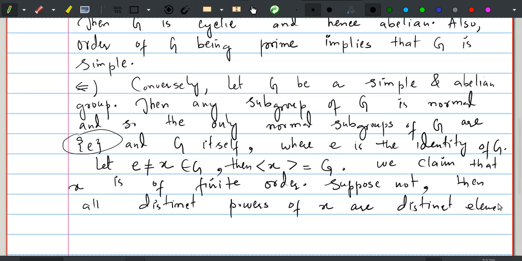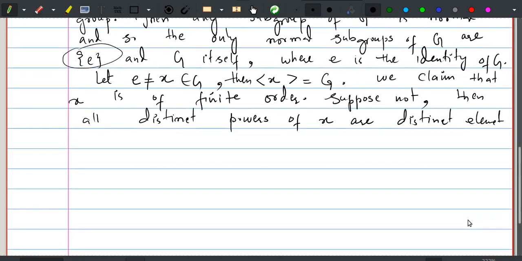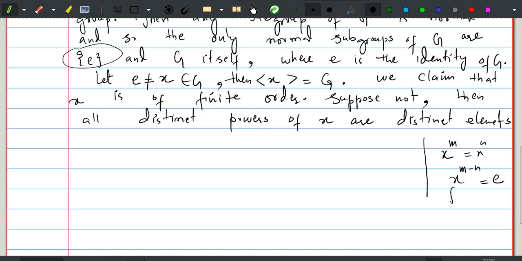This is true because suppose two powers of x are the same, suppose x^m and x^n are the same. This implies x^(m-n) is the identity element, so that means x is of finite order.